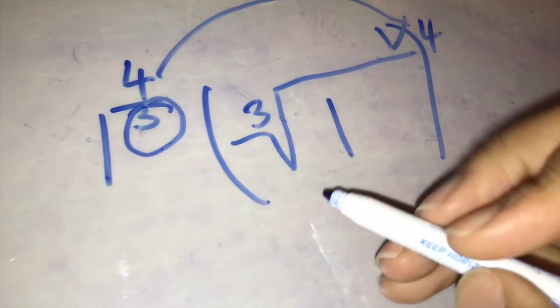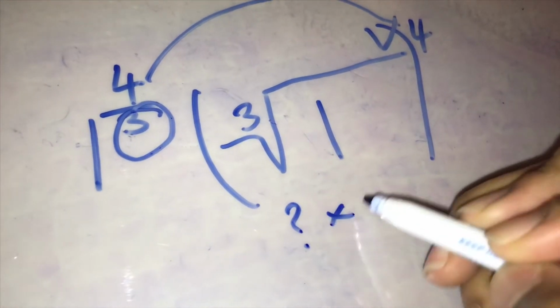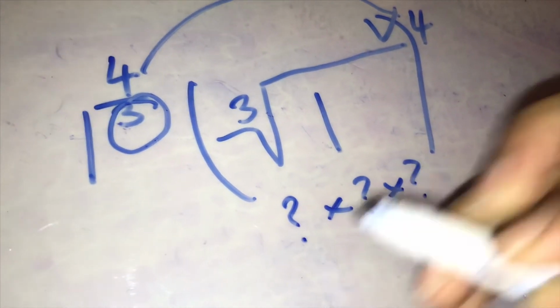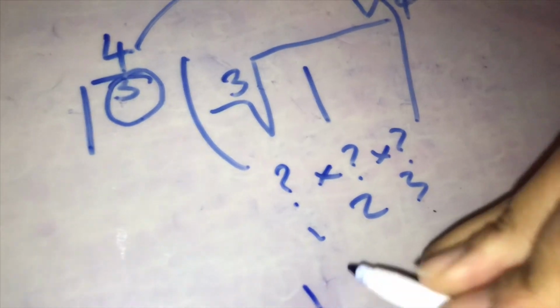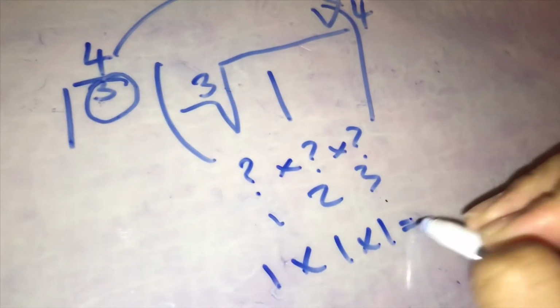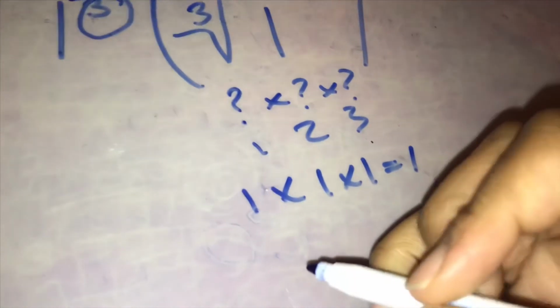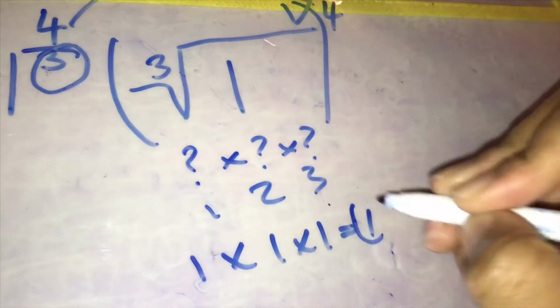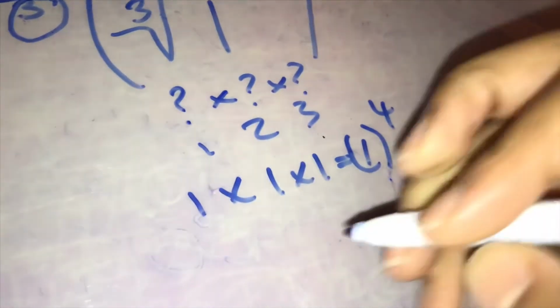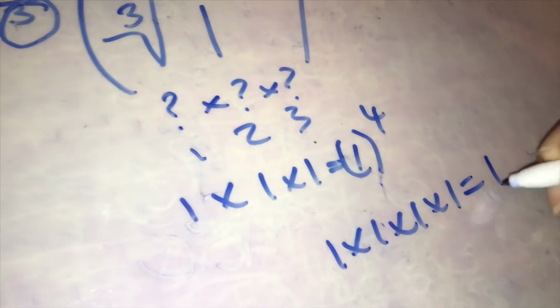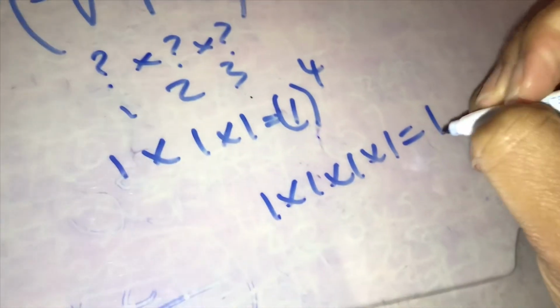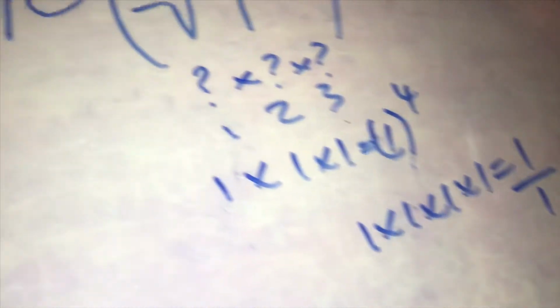Something times something times something needs to equal 1. Well, I know that 1 times 1 times 1 equals 1. So the answer is 1 to the power of 4, which is 1 times 1 times 1 times 1, which equals 1. So that is that. 1 as a fraction is 1 over 1.